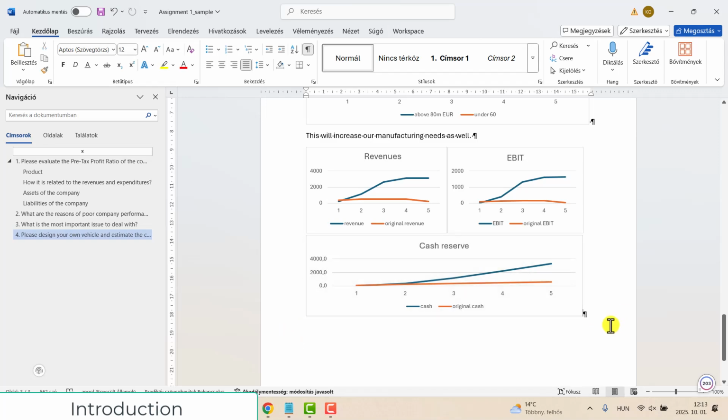Okay, so due to higher launch numbers and lower manufacturing costs, maybe not lower manufacturing costs, but higher efficiency, because we don't have to manufacture some of our key components, so that's why it's higher efficiency or productivity.